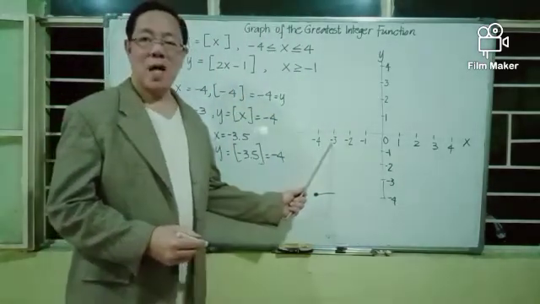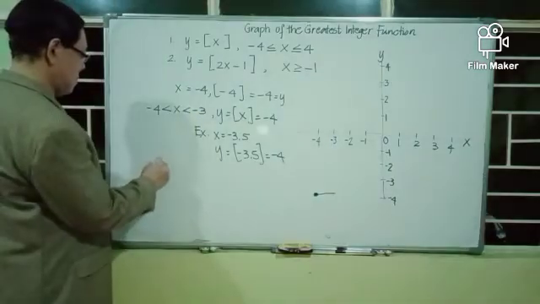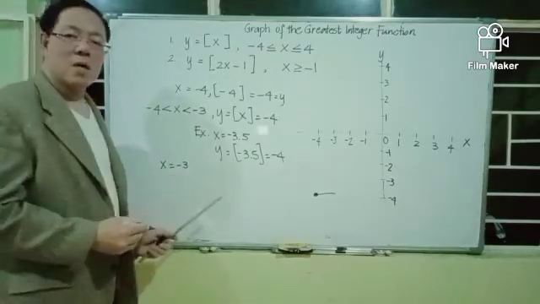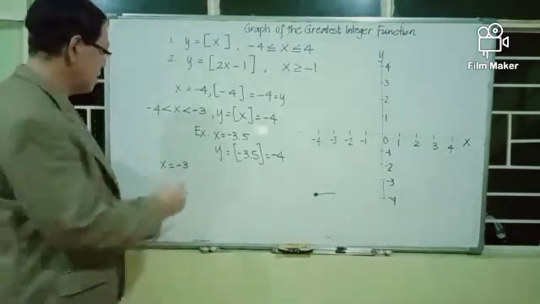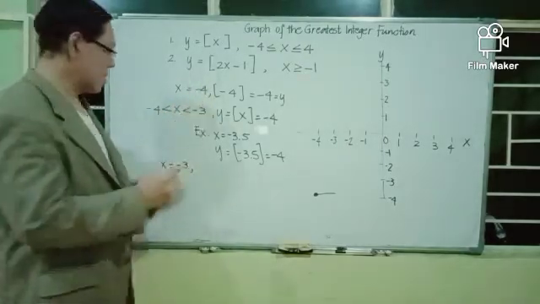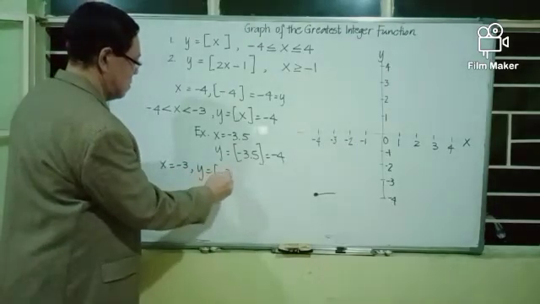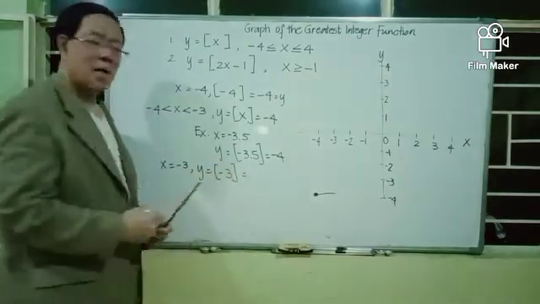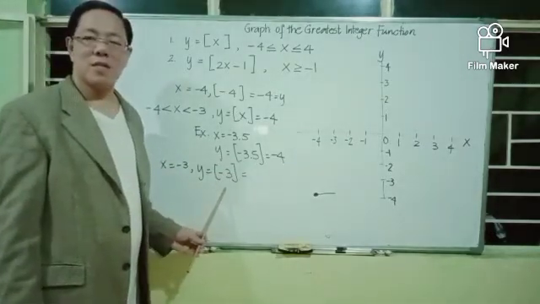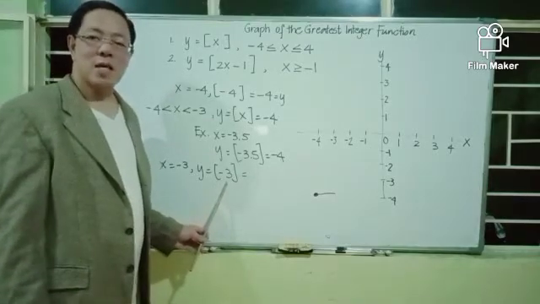What about when x equals negative 3? If x equals negative 3, then the value of y is the floor of negative 3. And the floor of negative 3 is the greatest integer that is less than or equal to negative 3, and that integer is negative 3.